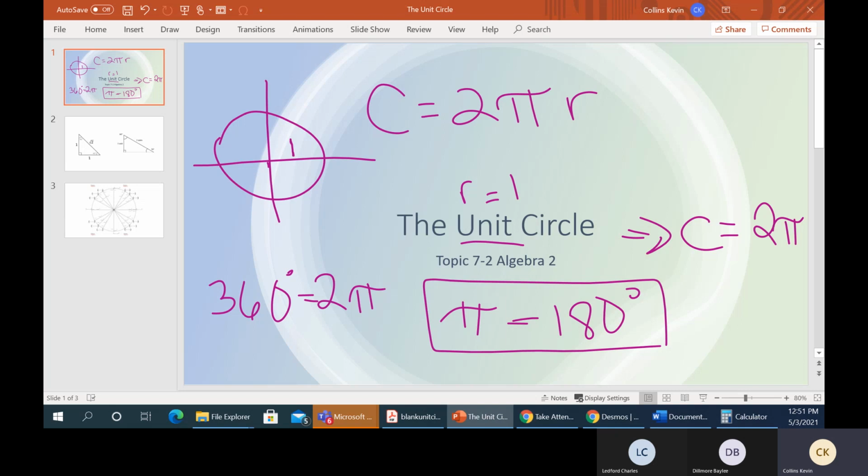So as we said, one trip around the circle is going to be 2 pi, and that also equals 360 degrees. So half a trip around the circle is pi, and that equals 180 degrees. What they like to do is go back and forth between degrees and radians.